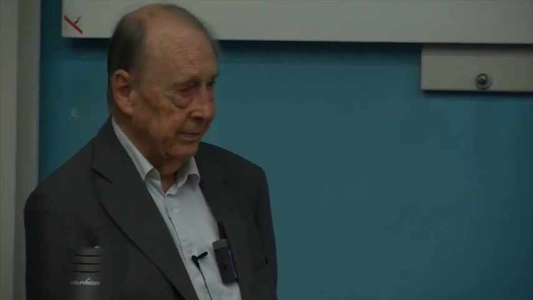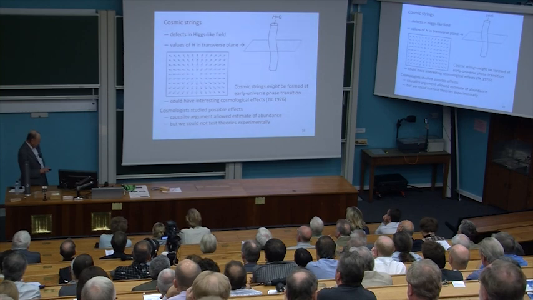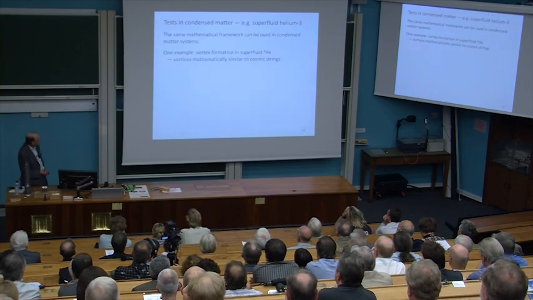And there's no way you can test the theory experimentally, because we can't go and do experiments on the early universe. And the laboratory experiments cannot get anywhere near the relevant energies. However, it turns out that a similar mathematical structure exists in many of the low temperature phase transitions.